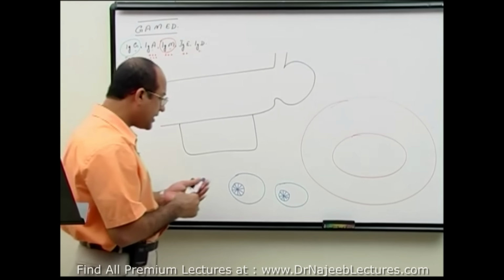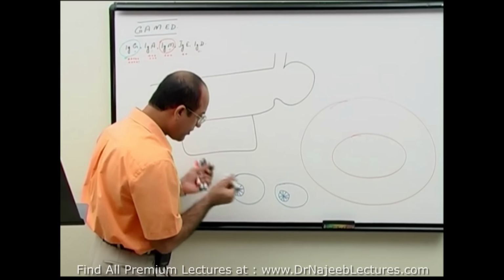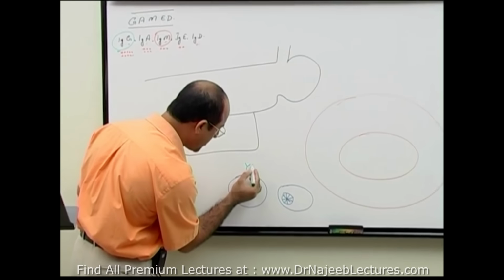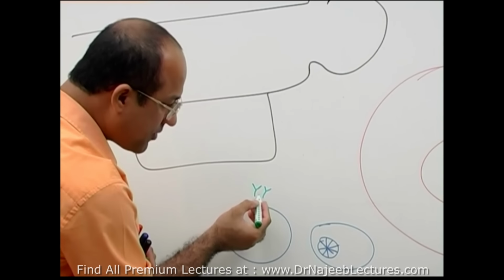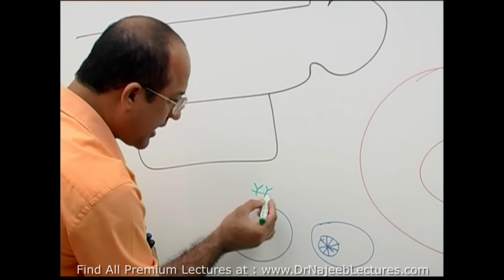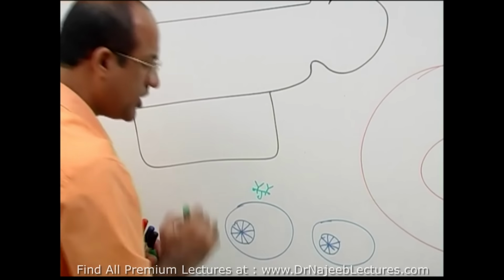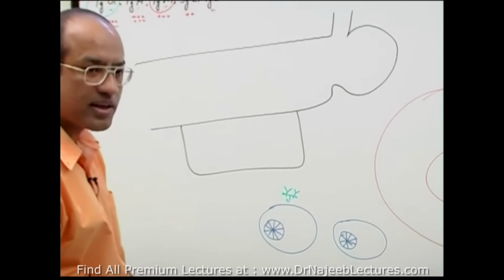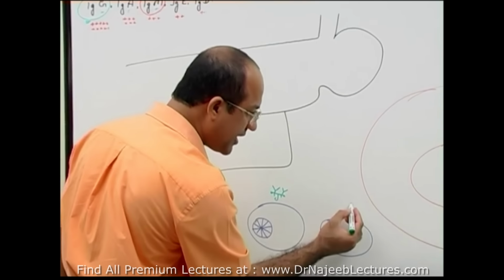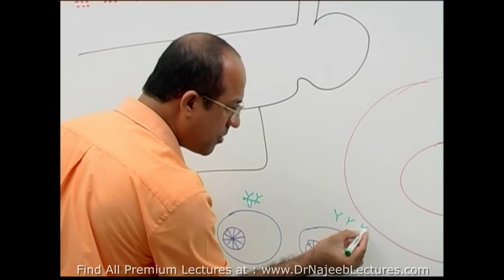Now when IgA is released, let's suppose these are IgA antibodies. Some of the IgA which are released are held together by J chain. So they are released in dimeric form. But some of the IgA is released as monomers.